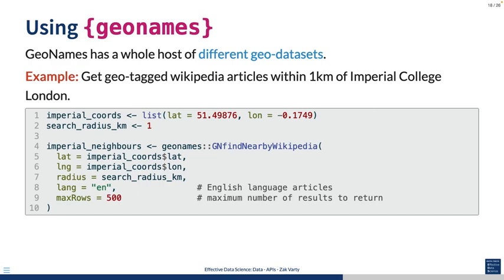We can then use the GeoNames package, and in particular the function called gn_find_nearby_wikipedia, to query this GeoNames API. The inputs to this function are the latitude and longitude that we care about, the search radius in kilometres, the language in which we want these articles to be, and the maximum number of results that we want to return. So let's see what this does.